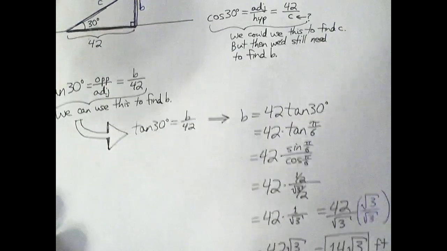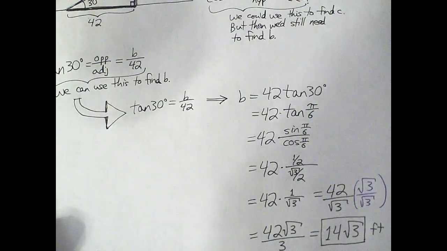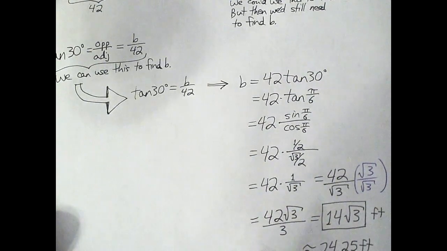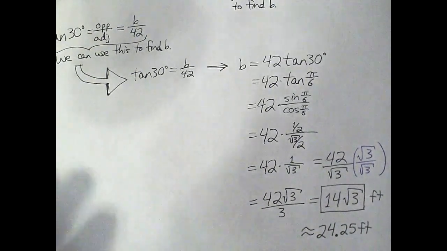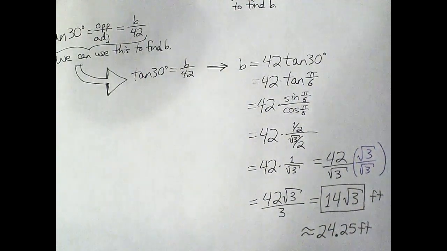In any case, if you get an answer and it seems like there's something questionable about it, then double check things. If you get an answer that says something like 2,000, I would think to myself, a flagpole is probably not going to be 2,000 feet tall. So let's go back and double check all of our work because 2,000 doesn't seem right. Also, if I got an answer that was like 2 feet tall, would a flagpole really only be 2 feet tall?